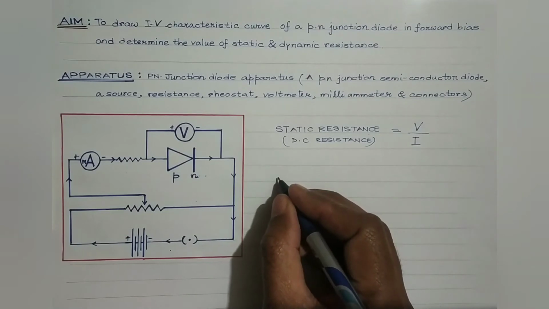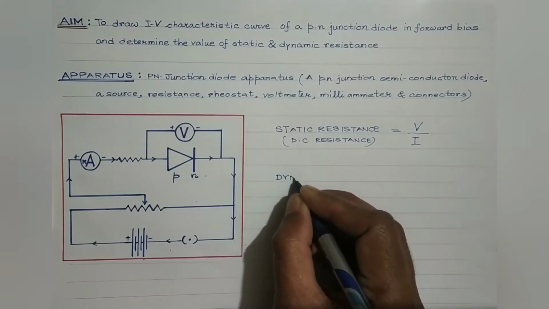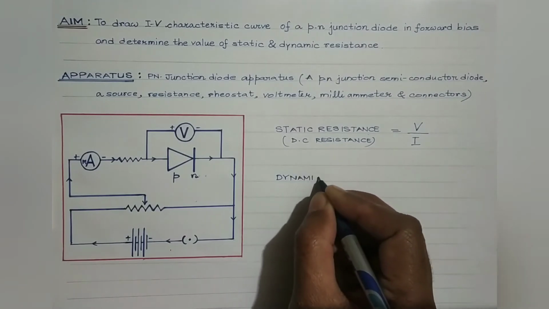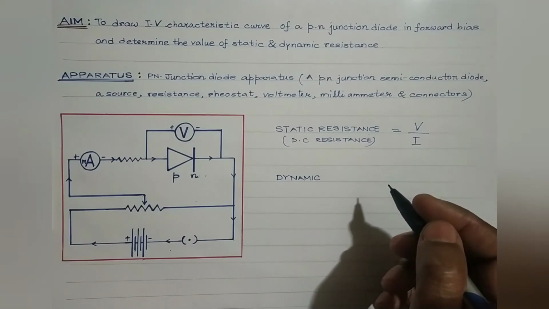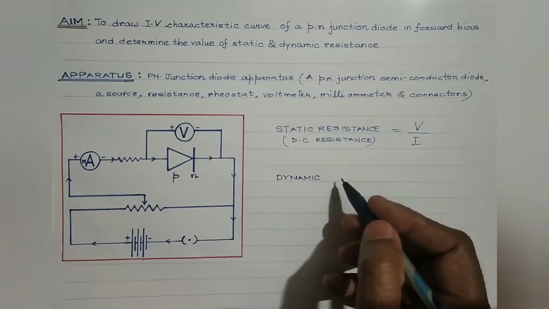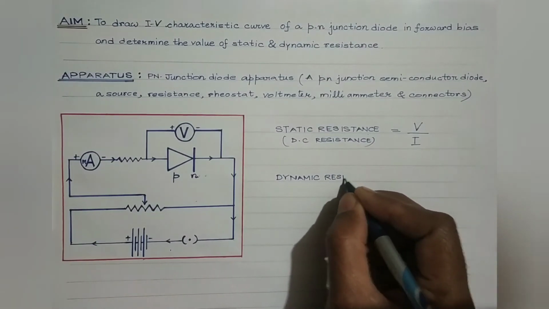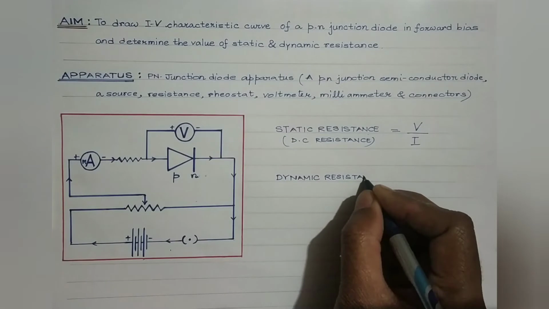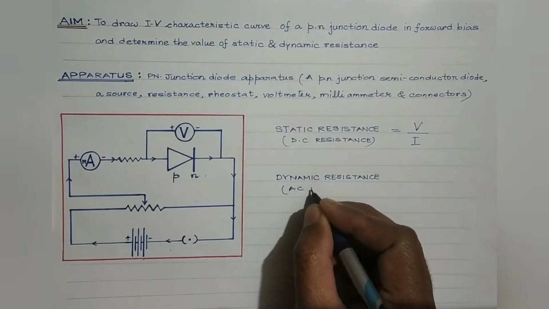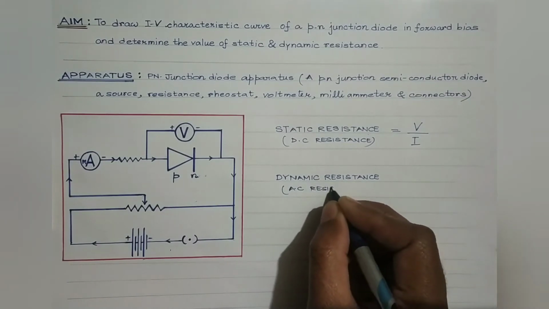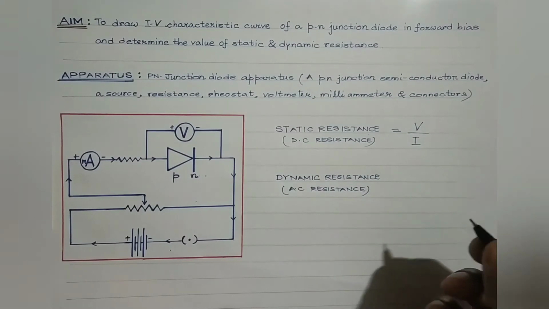On the other hand, the other term which we use is dynamic resistance. In this experiment, after plotting the IV characteristic curve, we are supposed to determine the value of static and dynamic resistance from the graph. Dynamic resistance is also known as AC resistance, and it does depend upon the applied voltage.